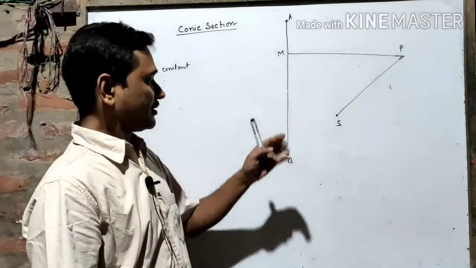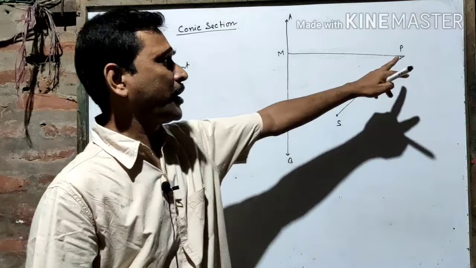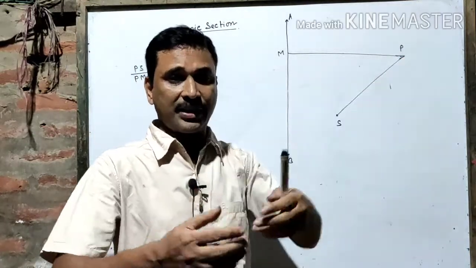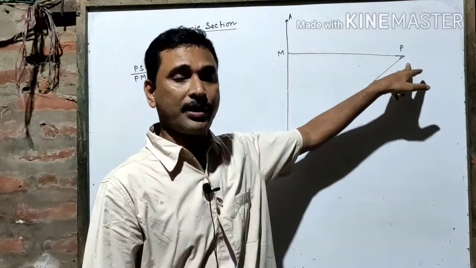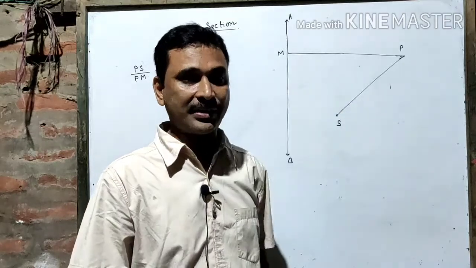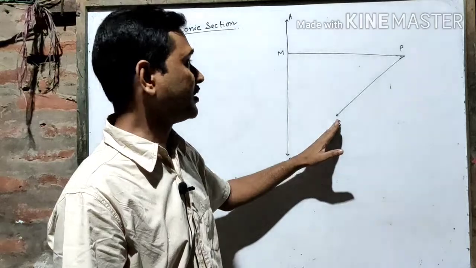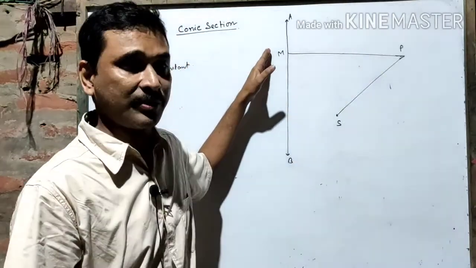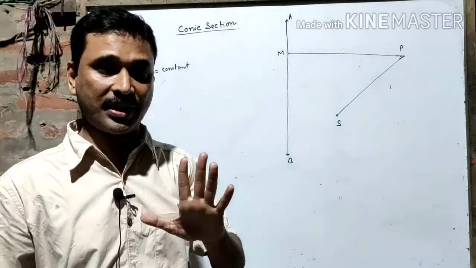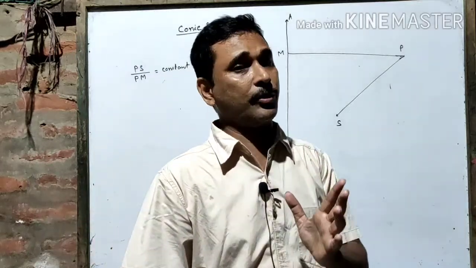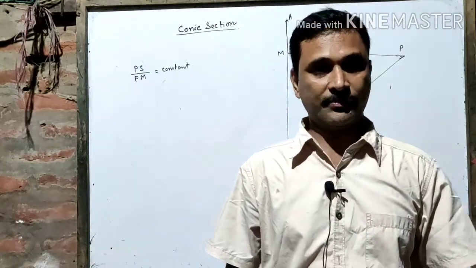So this is the definition, you may write it. If a point moves on a plane in such a way that the ratio of its distance from a fixed point to its distance from a fixed straight line on the plane is always a constant, then the locus of the point is called a conic or a conic section.